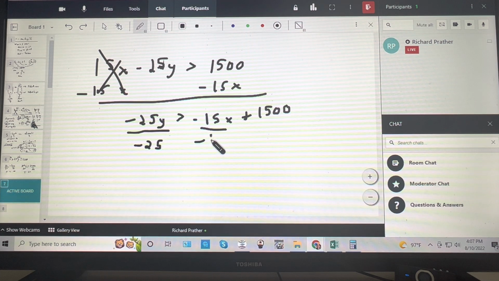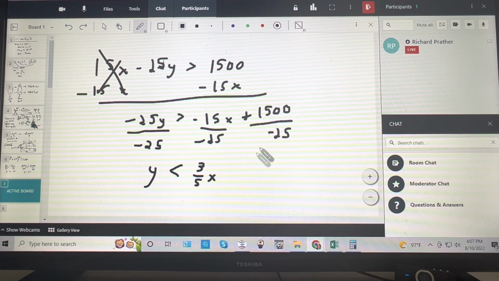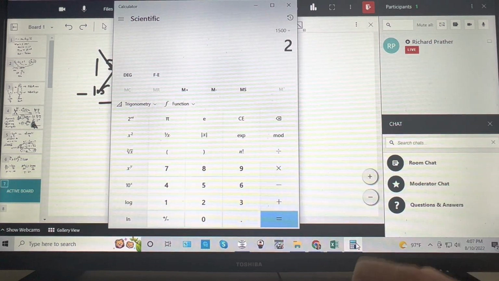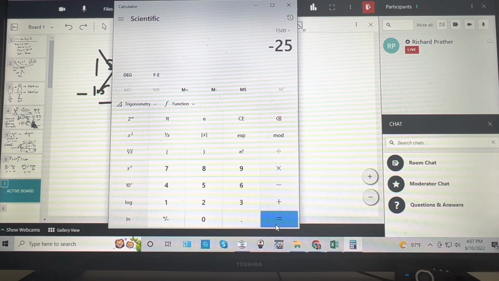I am dividing by a negative. That's when the inequality has to flip from greater than to less than. These two negatives make a positive, and these both divide by 5, so you get 3/5. And 1500 divided by negative 25 is negative 60.